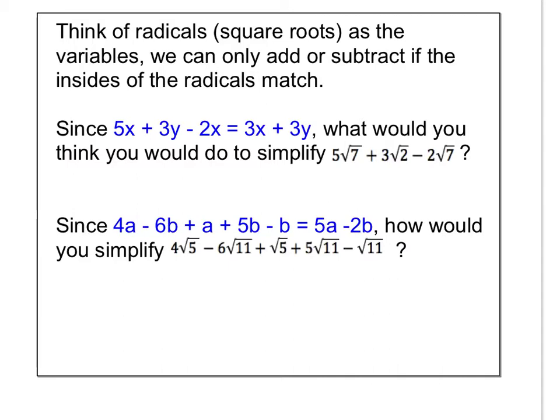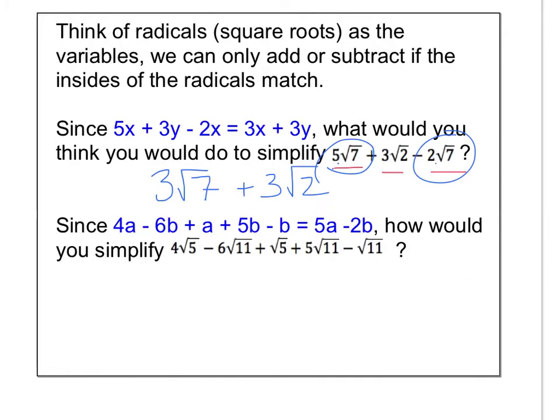So what would you do to simplify the following? 5 square roots of 7 plus 3 square roots of 2 minus 2 square roots of 7. The only two that you can combine are what? Exactly, just the square roots of 7. So when you simplify, you just subtract 2 from 5, you get 3 square roots of 7, and then the 3 square roots of 2 would just stay the same.